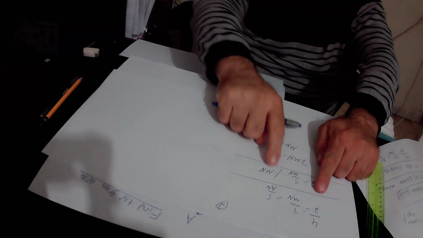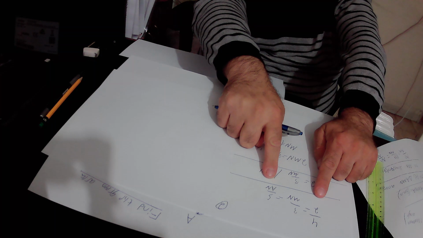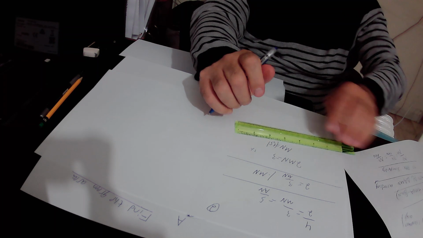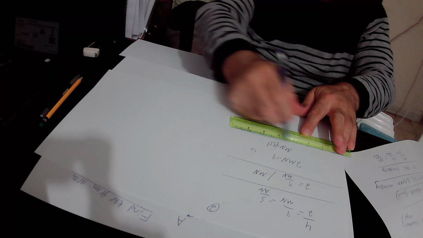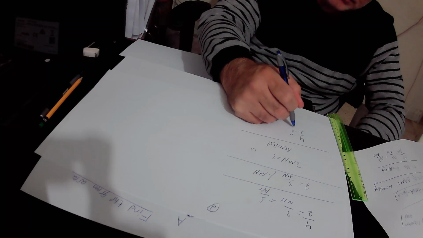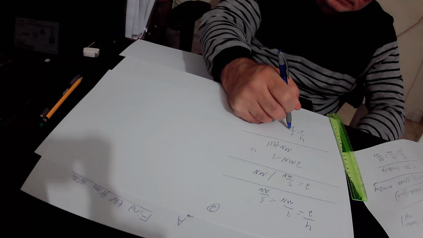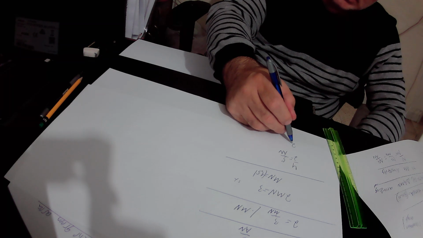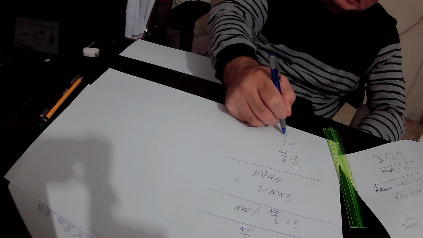From this equation we conclude that 4 over 2 is equal to 5 over AN. 4 over 2 is 2, equals 5 over AN.